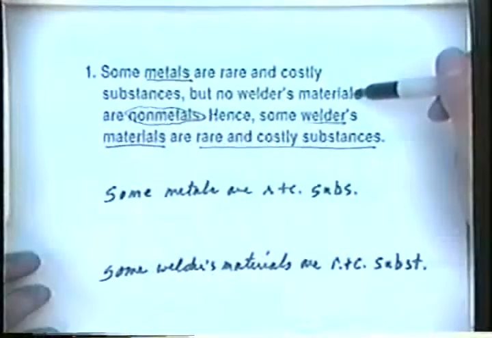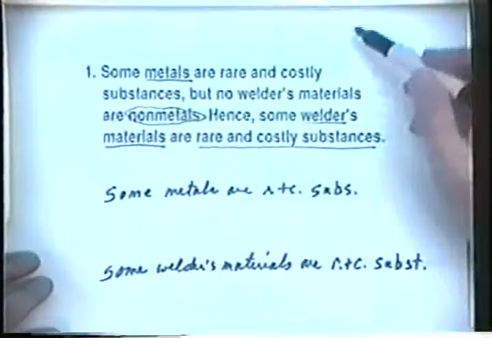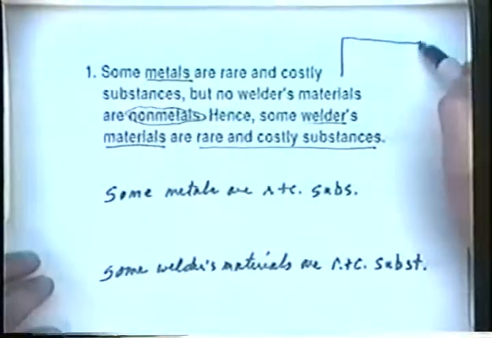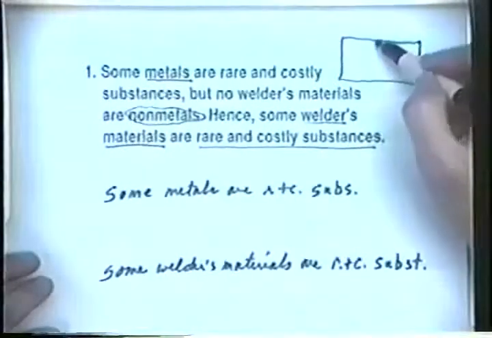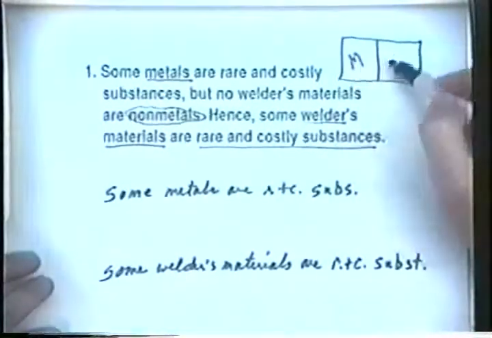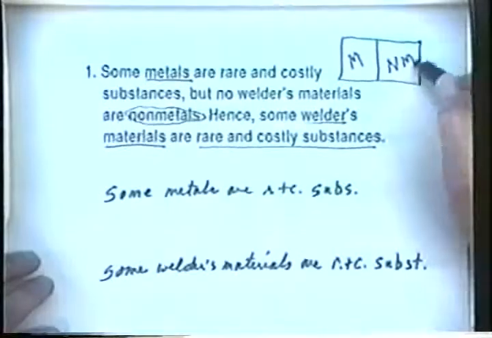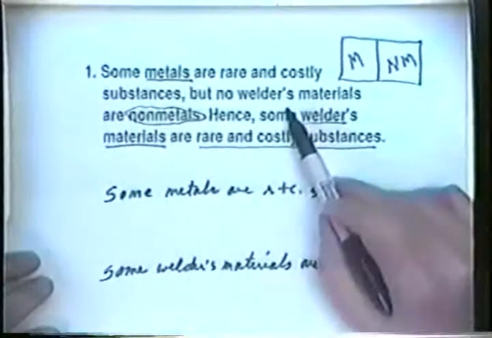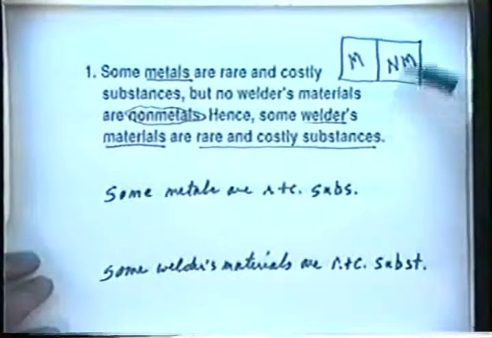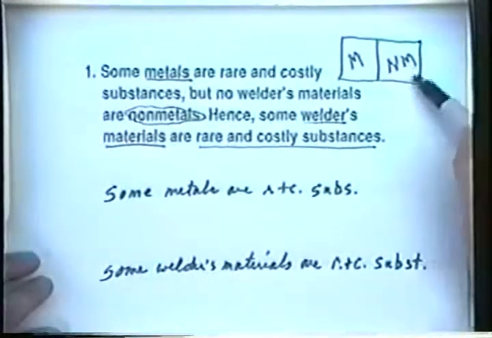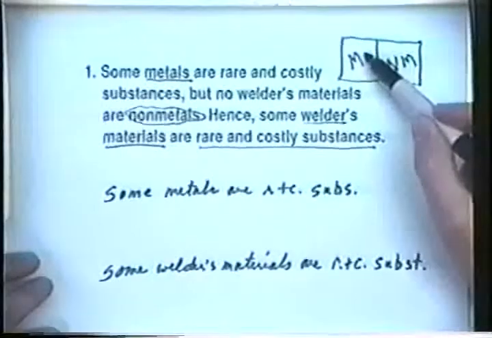So think about what it means to say no welder's materials are non-metals. If we took the whole universe of things, let this square be the universe of things, and we divided it into those things that are metal and those things that are non-metal, then this premise is saying that none of the welder's materials would be found in this part of the universe. They'd all be over here.